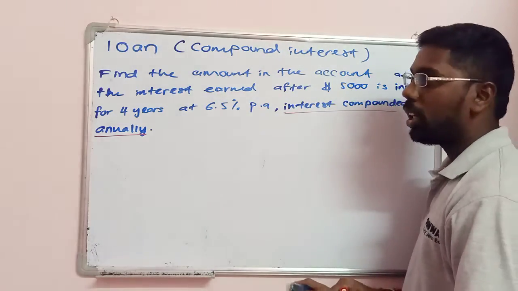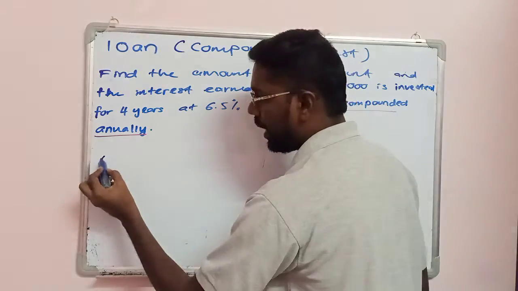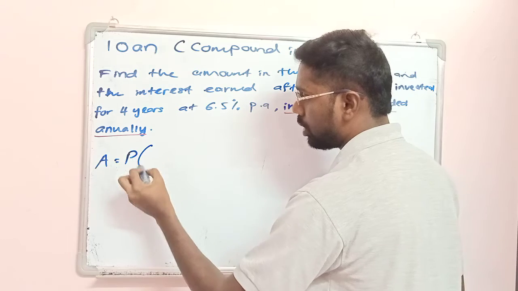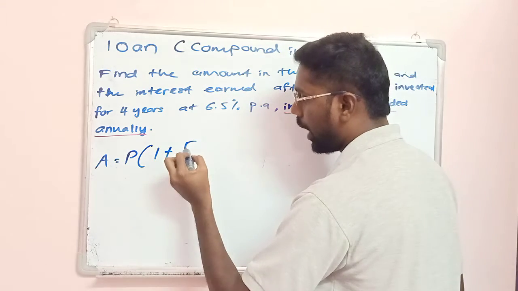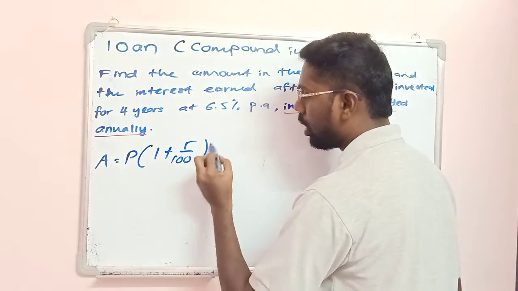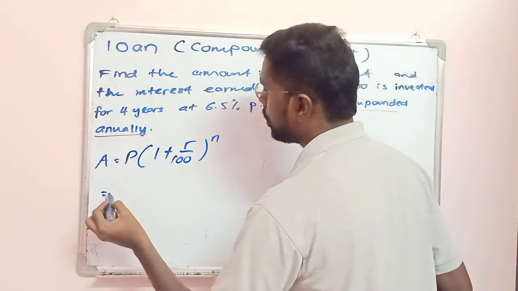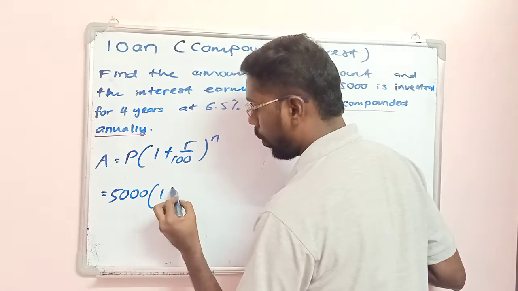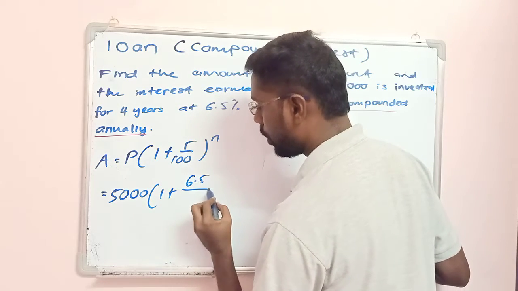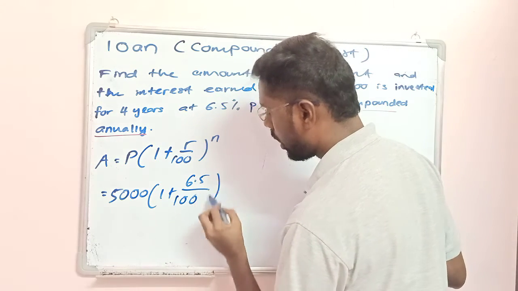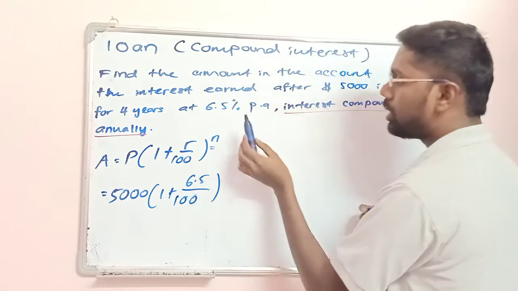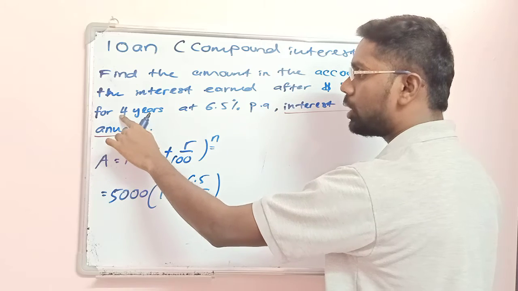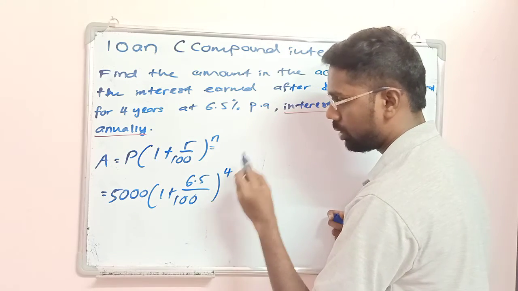So the total amount in the account is going to be A equals P times 1 plus R over 100 power of n, which is 5,000 times 1 plus 6.5 over 100, and the n here, since it is per annum and compounded annually, is 4 years.